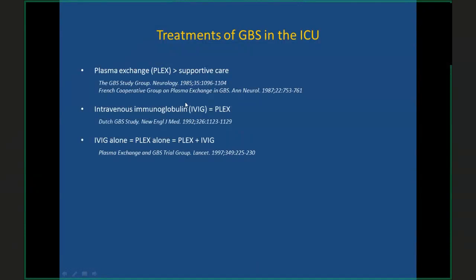In the 1990s, clinical trials showed IVIG is equally effective as plasma exchange. More studies show IVIG alone or plasma exchange alone is equal to plasma exchange plus IVIG. So usually the patient needs just one treatment, either IVIG or plasma exchange.